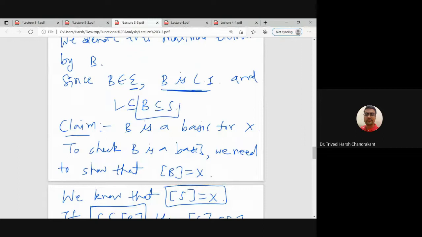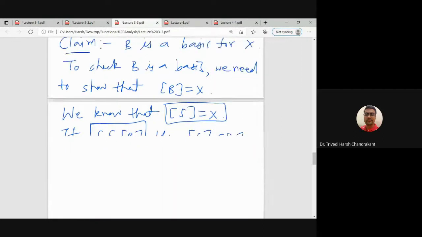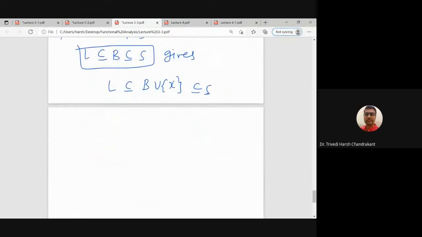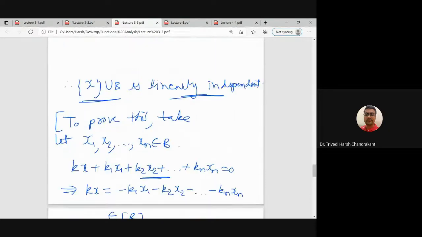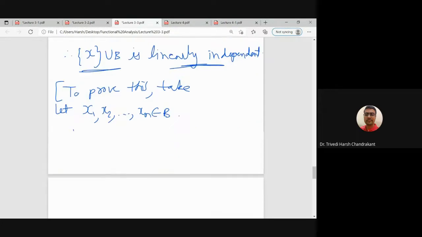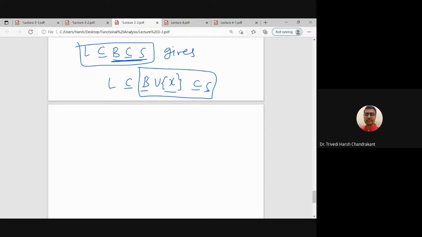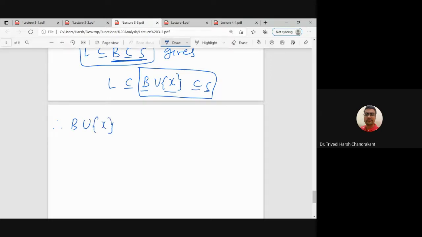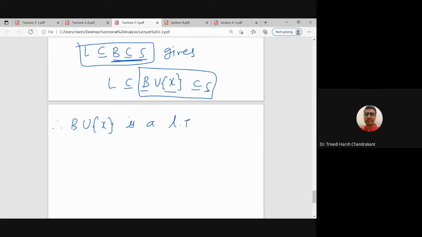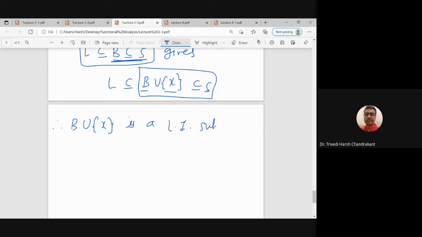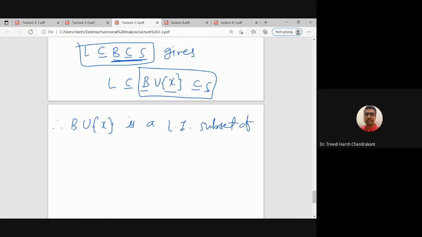We know that B is a subset of S, and what else we know is x is also an element of S. So if B is a subset of S, and x is an element of S, then clearly B union x is a subset of S, because both of these are subsets of S, so its union is also a subset of S. So finally, what we get is therefore B union x is a linearly independent subset of what?